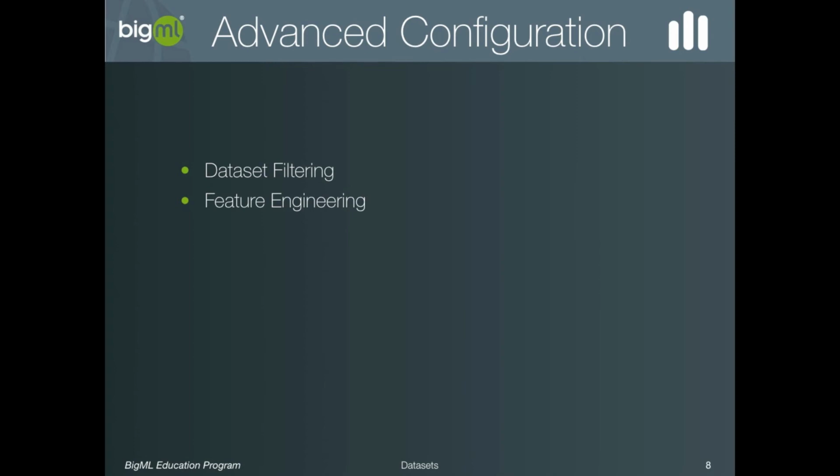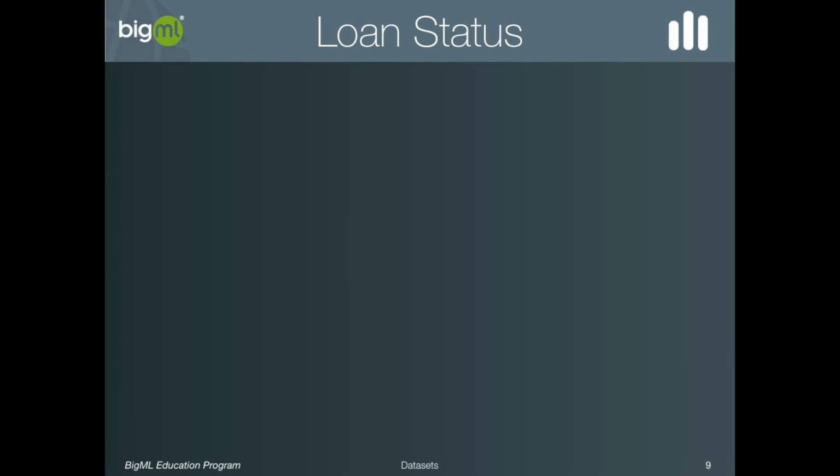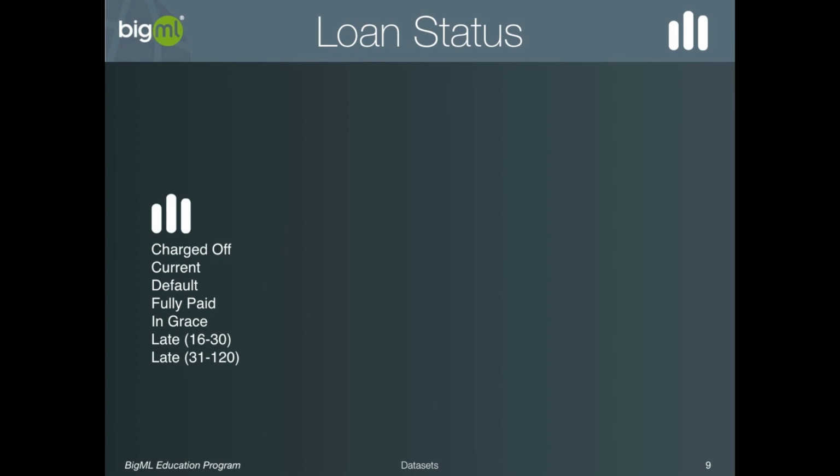And to do this, we're going to return to the Lending Club example, and we're going to talk about the loan status. So you may recall that all of the loans that are in that dataset have mixed loan status. In particular, there were these 7 possible loan statuses. One is charged off or current, meaning that the payments are currently being made.